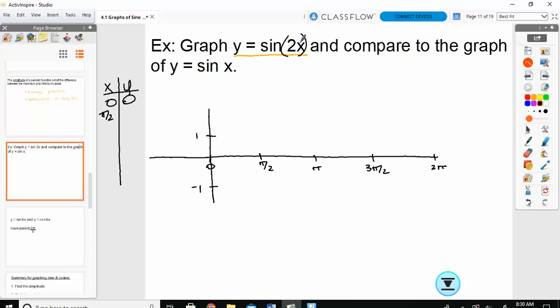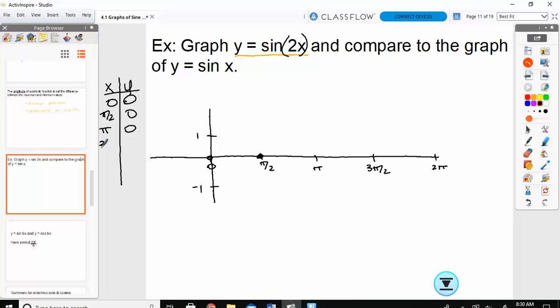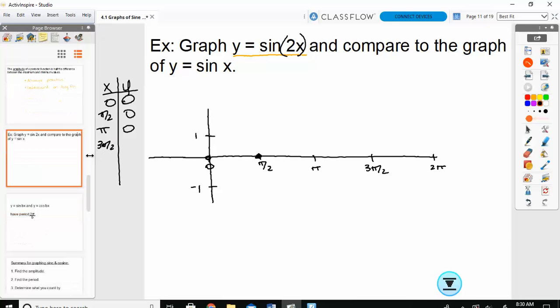What's the sine of pi? 0. If I plug in pi, 2 times pi is 2 pi. What's the sine of 2 pi? 0. If I plug in 3 pi over 2, 2 times 3 pi over 2 is 3 pi. The sine of 3 pi would be the same as sine of pi, which is 0. If I plug in 2 pi, 2 times 2 pi is 4 pi.